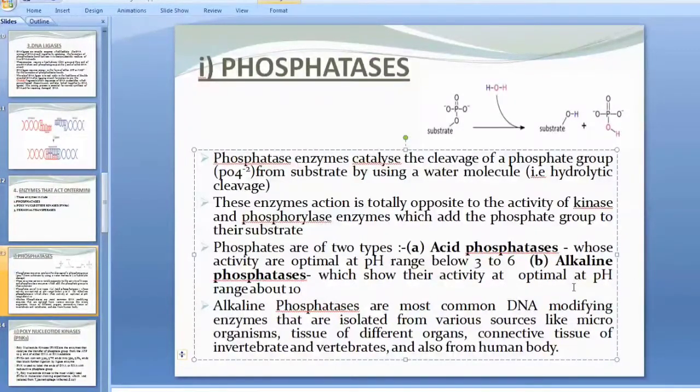Out of these two, alkaline phosphatases are the most common DNA modifying enzymes, as they are isolated from various sources like microorganisms, tissues of different organs, mainly the connective tissue of invertebrates and vertebrates, and also from human body tissues.